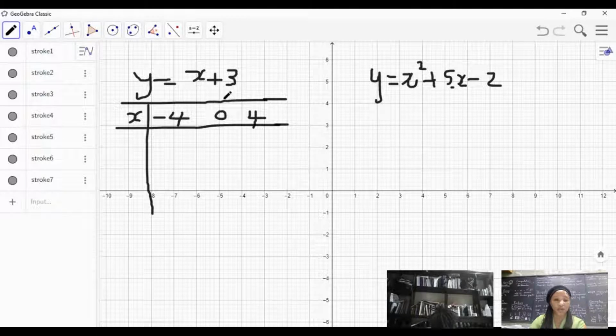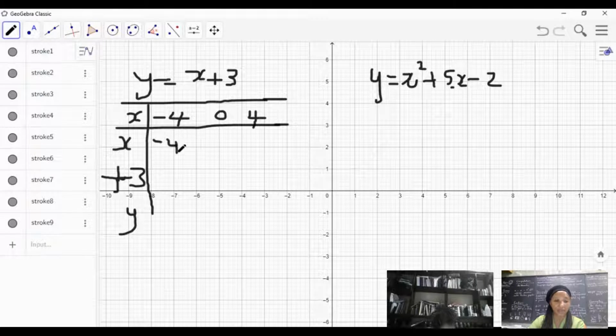And then we go to our function, so it's x plus 3, and this would give us our y value. So whatever x is, we would just put that back, and then add 3 to each of those.